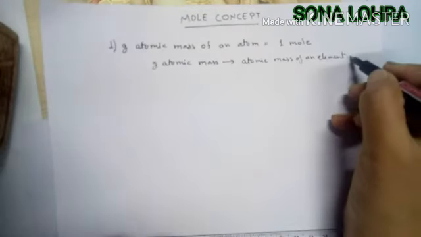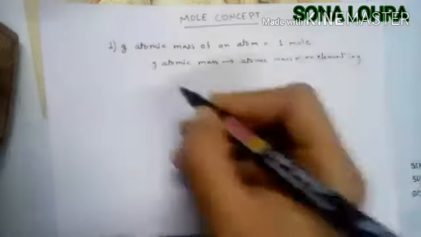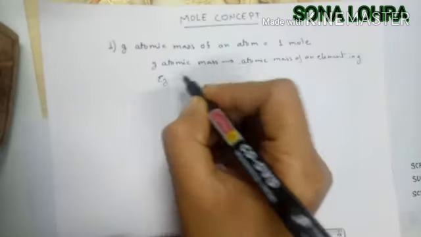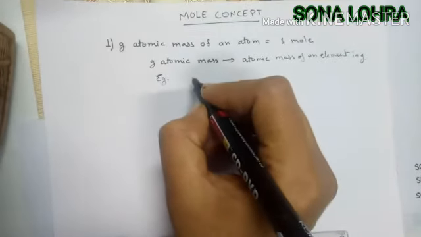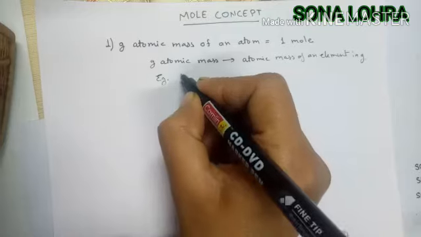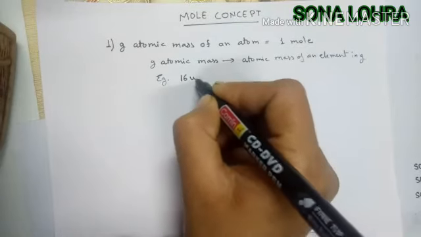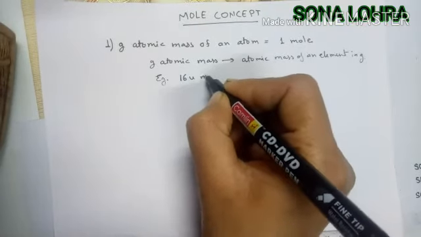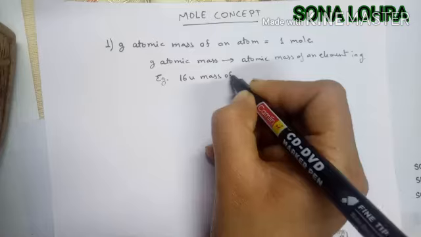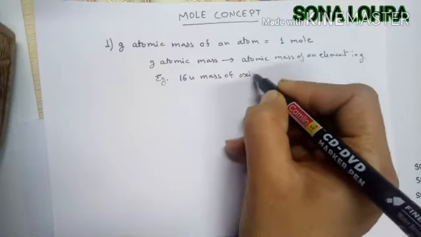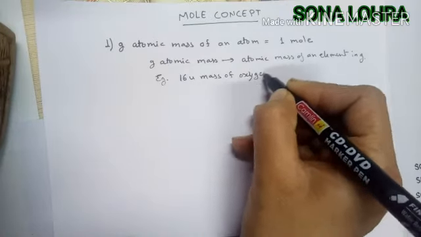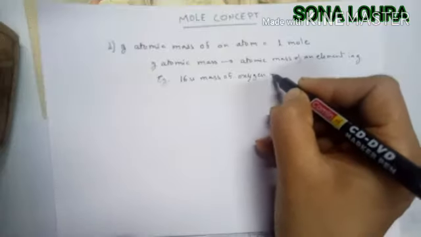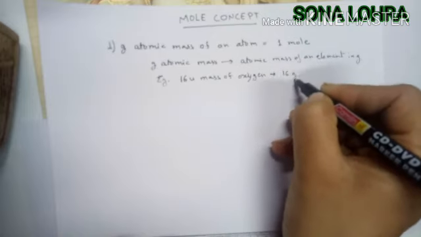For example, as you all know that the atomic mass of oxygen is 16 u. If we take 16 grams of oxygen, it is equal to 1 mole of oxygen.